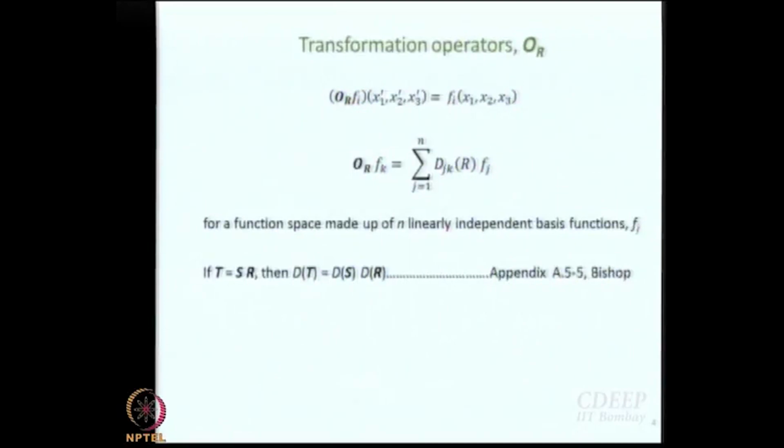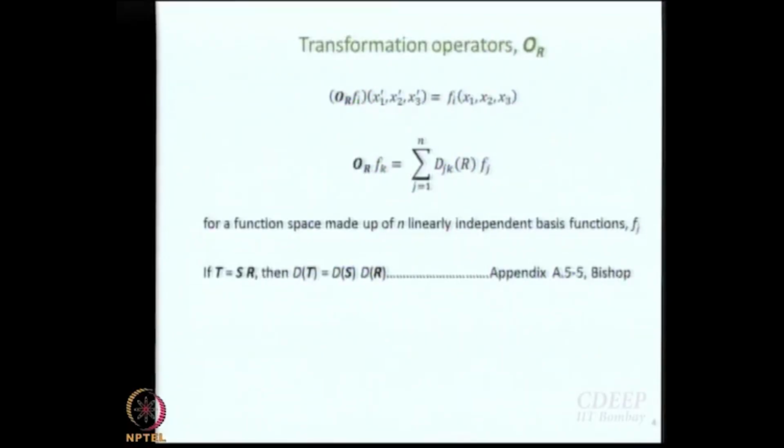Okay. Now, this is something that I am not going to prove, because I think you understand this intuitively anyway, that if T equal to SR, then the transformation matrix dt is a product of transformation matrix ds multiplied by transformation matrix dr. Do you believe me when I say this? T, S, R are the symmetry operations, different symmetry operations.